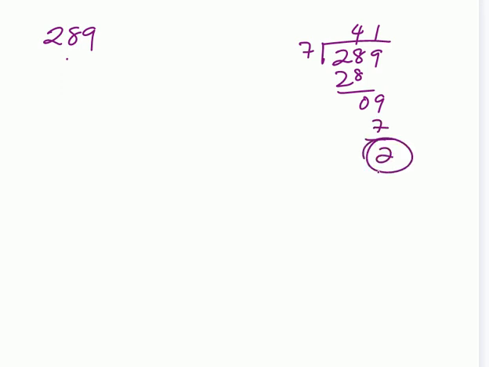No. 6, well, that's an even. 7, well, we may have to try that. So over here on the side, we don't have a shortcut for divisibility for 7. 289 divided by 7, 7 goes into 28 four times, 09. Nope, that's not going to go because it has a remainder.